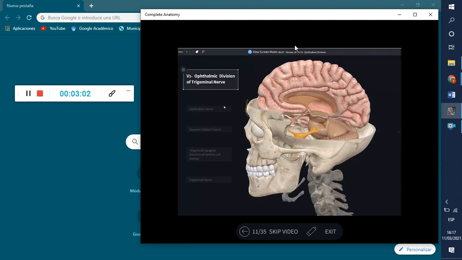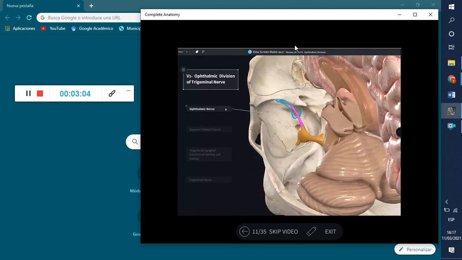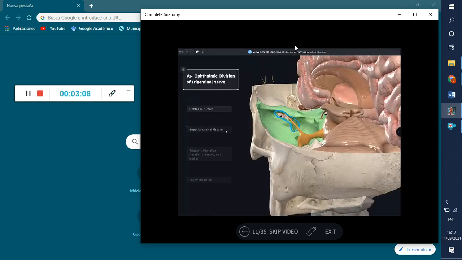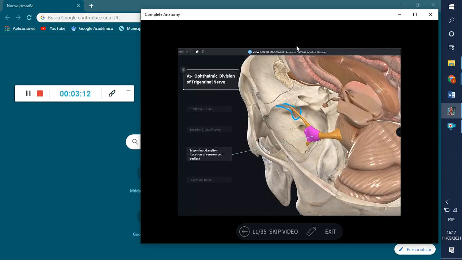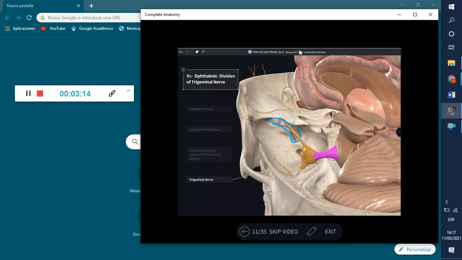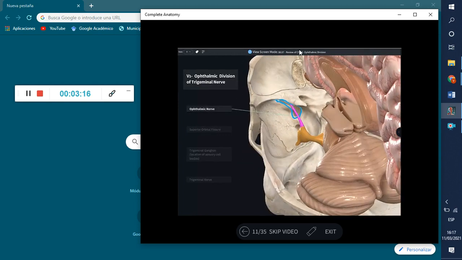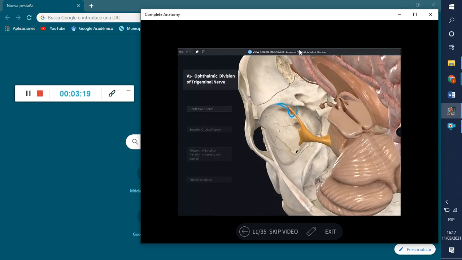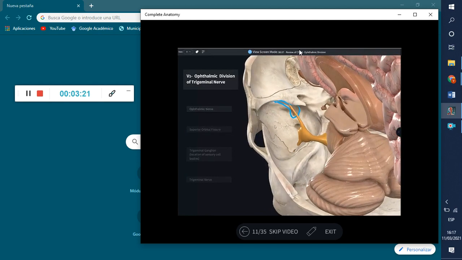Alright, so V1, the ophthalmic division of the trigeminal nerve, we can see here, well, the ophthalmic division passes through superior orbital fissure. Okay, here is the trigeminal ganglion, that is the trigeminal nerve. Here's the ophthalmic division, and first and foremost, the ophthalmic division or ophthalmic nerve only does somatic sensory.